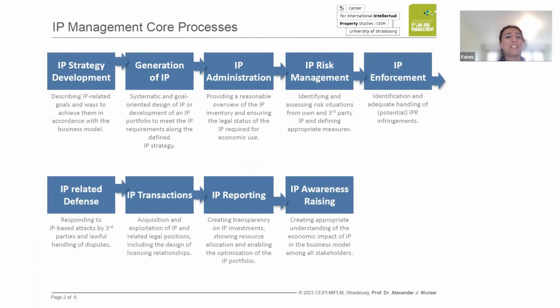In this presentation, we'll talk about the IP management core processes. As you are seeing, the slide is very clear. We have all the information, but I will speak a little bit. As we have seen yesterday, we have three kinds of processes: the business ones, the core processes, and the support processes.